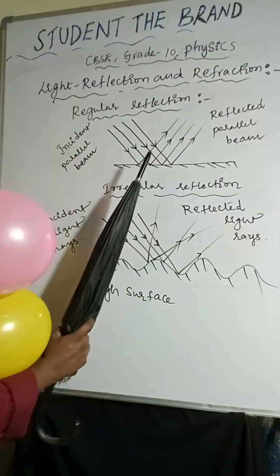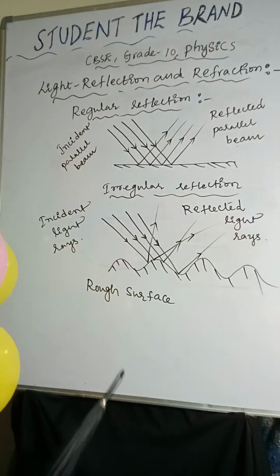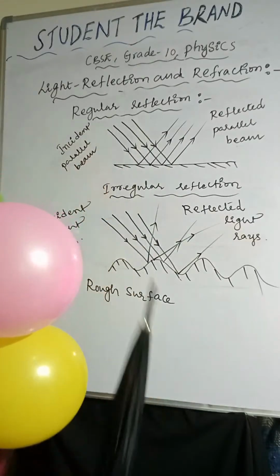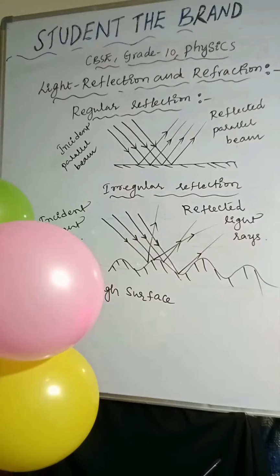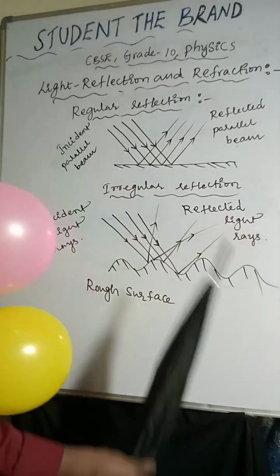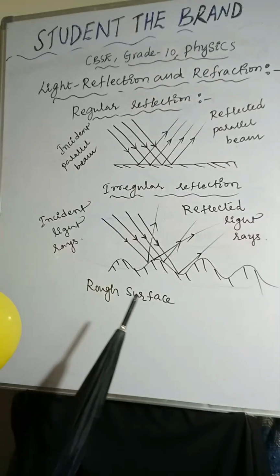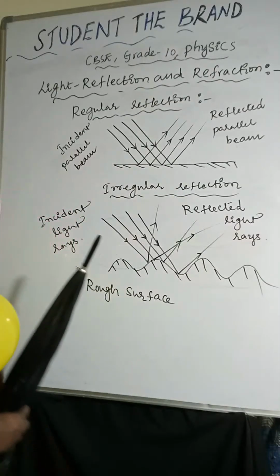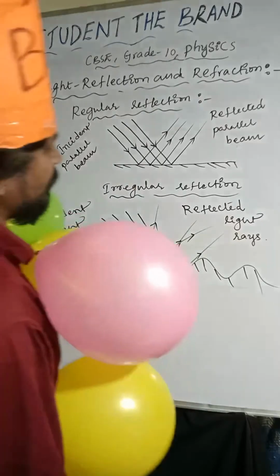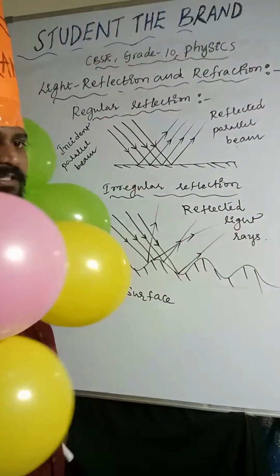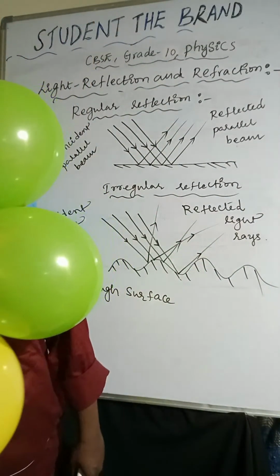Regular reflection takes place on a smooth surface. Irregular reflection takes place on a rough surface. Even if it is irregular reflection, the laws of reflection will be applicable.